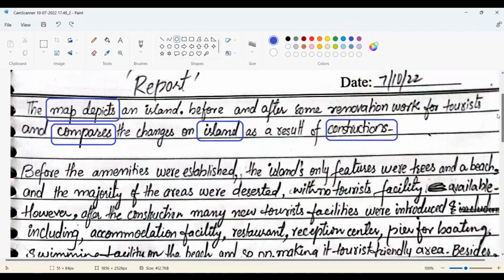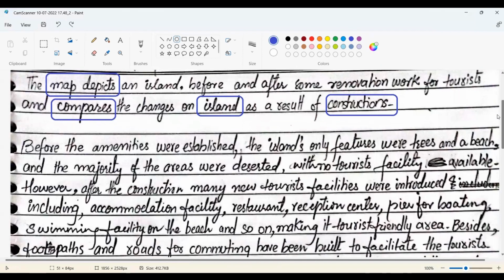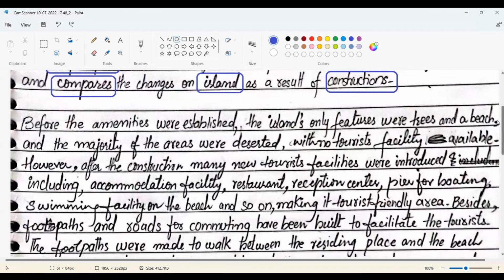Now the sentence reads like this: The maps depict an island before and after some renovation work for tourists and compare the changes on the island as a result of construction. Yes, and this is a good paraphrasing. Introduction is very well written. So we continue with the rest of the report.